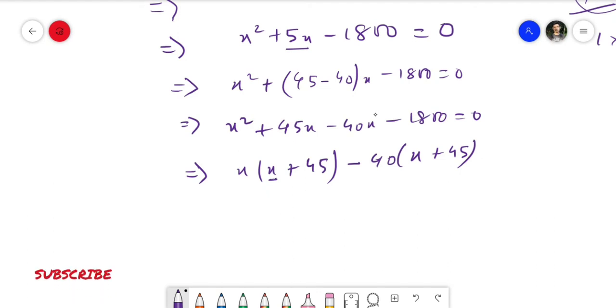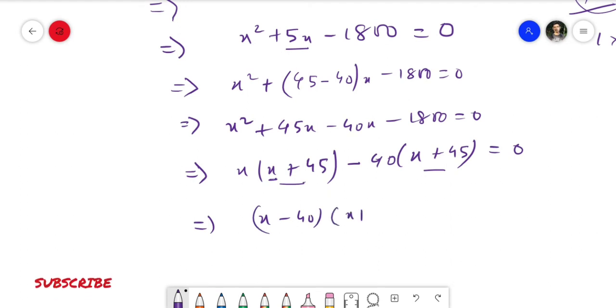Because when you multiply minus into plus, it will become minus. It will be same as earlier. So that's why this one is here. So we got x minus 40 and x plus 45 equal to 0. I hope you have understood properly.